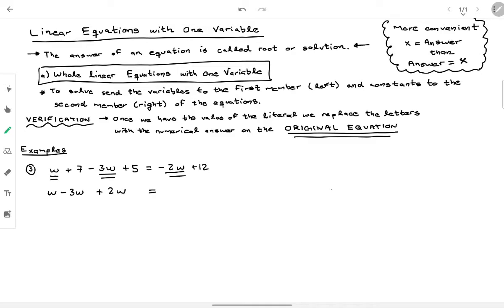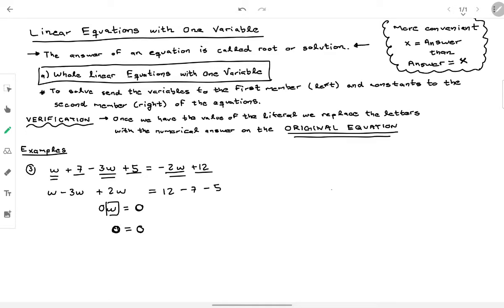2w. And what happens on the right, we have the 12 that doesn't move, the plus 7 will become minus 7, the plus 5 will become minus 5. So in this case we have w plus 2w is 3w, minus 3w it's 0, 0w equals 0. That means every number that multiplies 0 is 0. 0 equals 0.